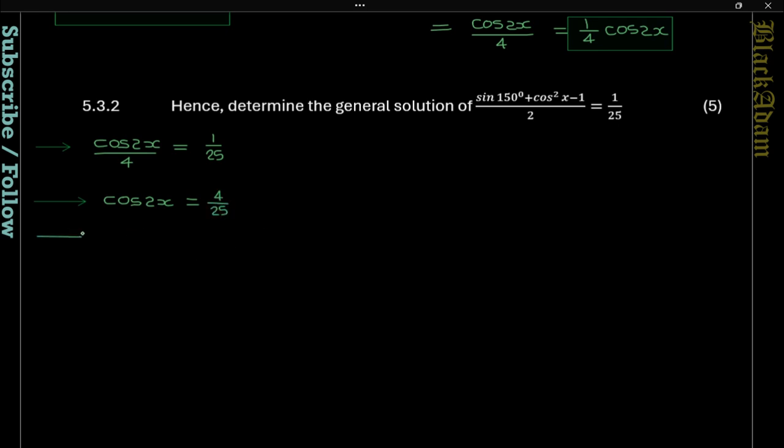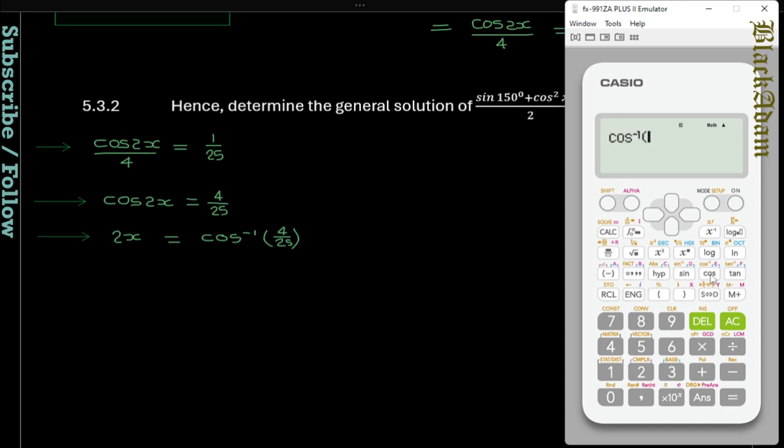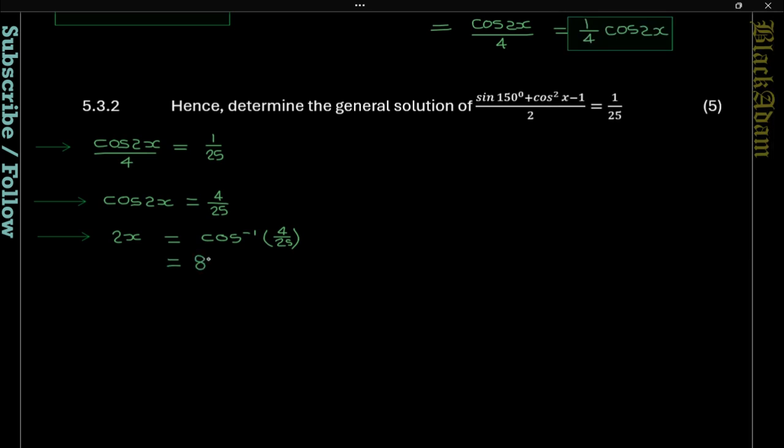Then from there we need to solve: 2x is equal to inverse cos of 4/25. Once again, we have to use a calculator, the inverse of cos of 4 divided by 25 gives us 80.78 degrees. Because of the general formula, that's going to be plus k multiplied by 360 degrees. So that's a revolution, so we're going to have many revolutions expressing different values.